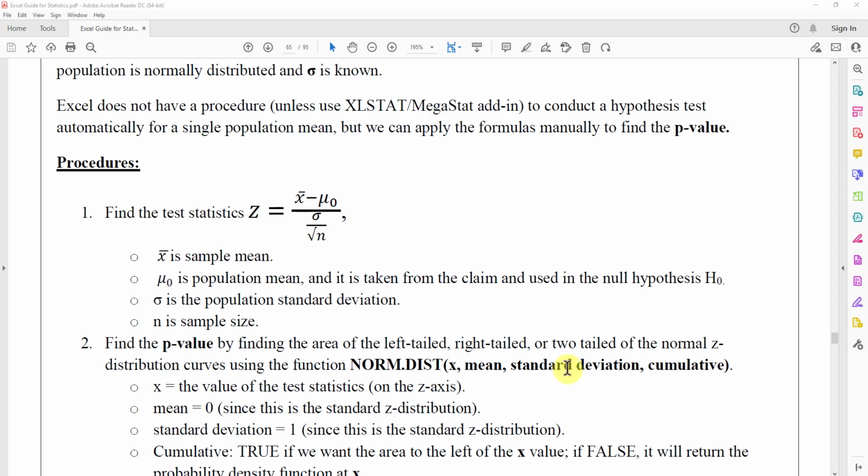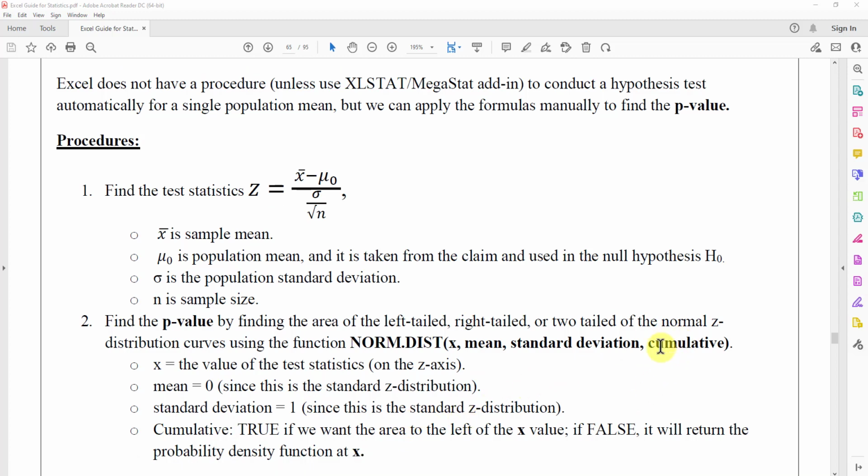Mean is 0 and the standard deviation is 1 because this is the standard z distribution. For cumulative, the last argument, we put true if we want the area to the left of the x value of the test statistic, and false if we want it to return the probability density function at that location x.